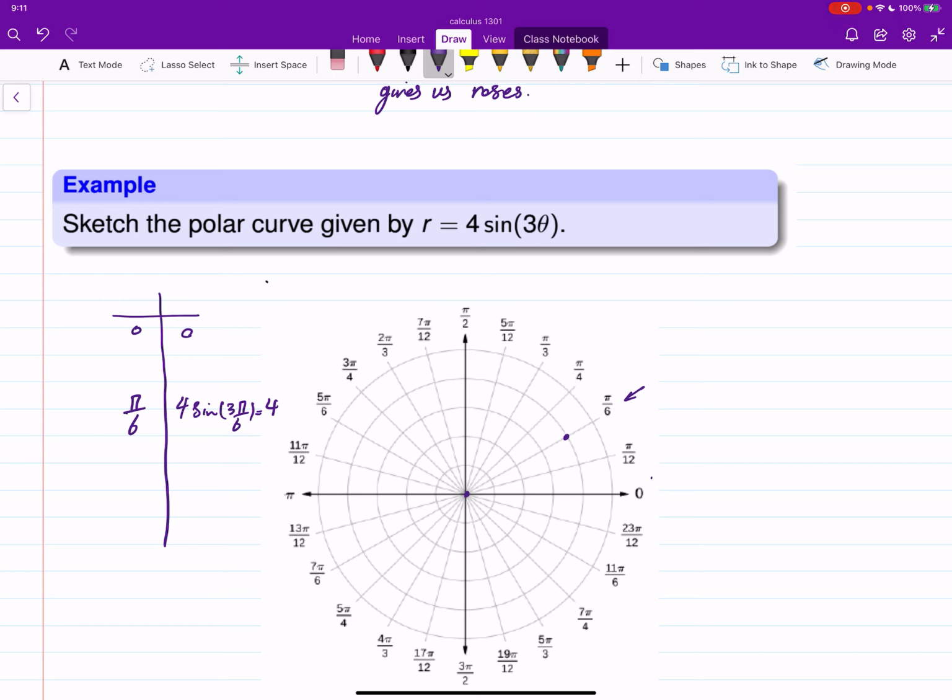But this should be obtained as we move from 0 to 1. So it will be something like, not a very nice one. Okay. And then from pi over 6 to pi over 3, which is this guy here. At pi over 3, this is 4 times sine of 3 pi over 3, which is 0.